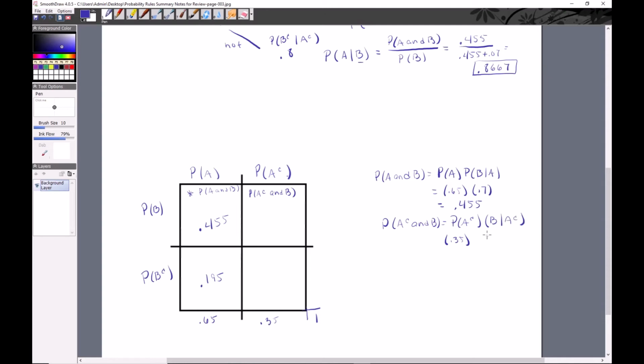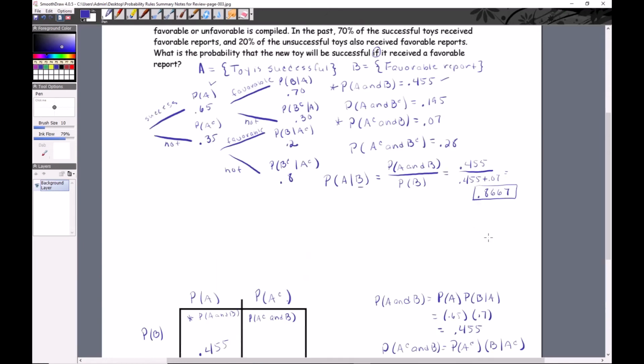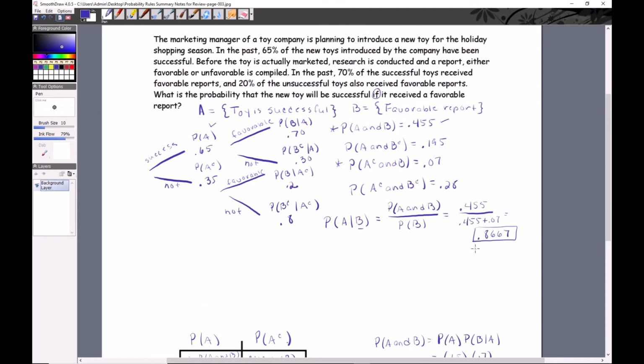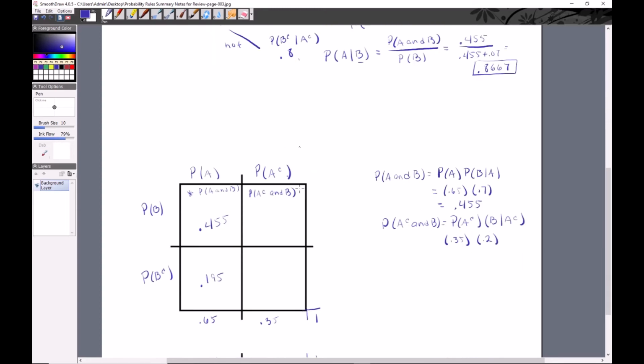All right, and that should be 0.2 because we were given that up here. Remember the 0.2, the 20%? That's this, and that's this. All right, and so that product should be 0.07. Subtract that from 0.35, this will be 0.28.